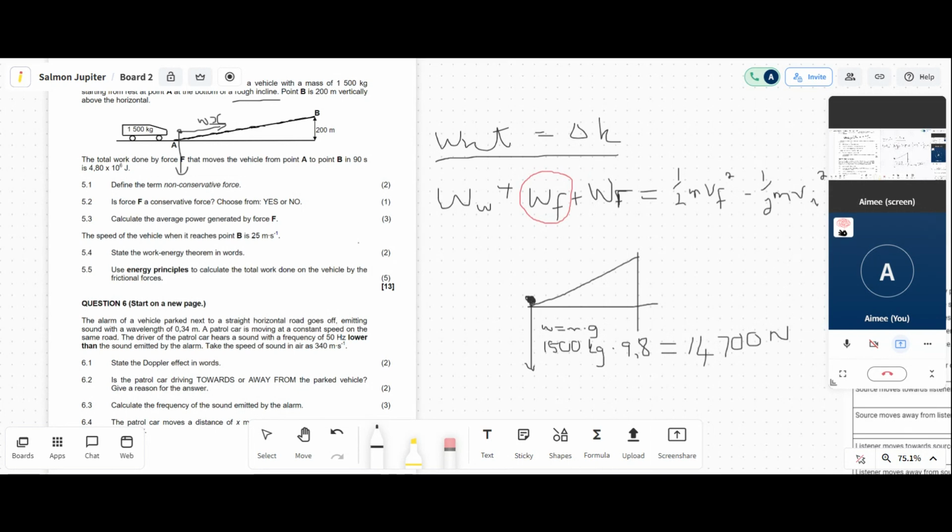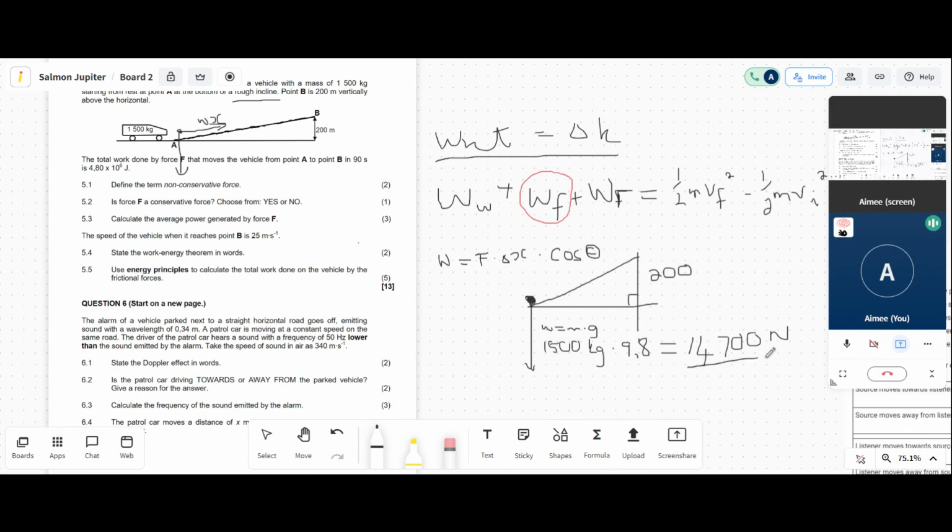Okay. Then we know that we've got this value over here. So this is our 90-degree triangle, and this is our 200, the value that they've given us there. And we know that our formula for work is equal to force times change in x times cos theta.